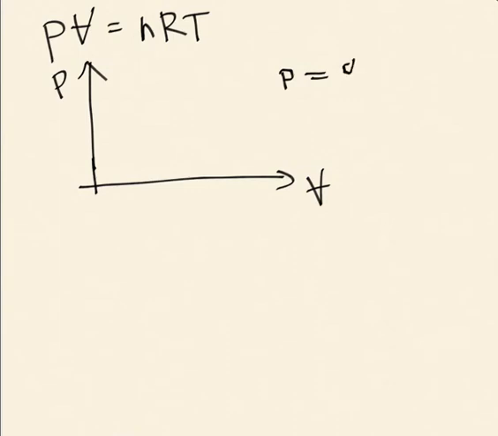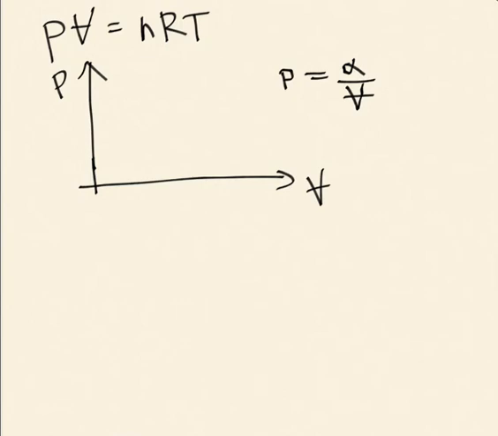So I can just say P equals alpha, which is some constant, over V. So if I want to know a future pressure, I know that because the temperature is going to remain constant as I do this, and I'll explain how that might happen. It has to do with allowing heat to flow out of the system as I compress it, for example. If the temperature is constant, then P and V are just inversely related during a process.